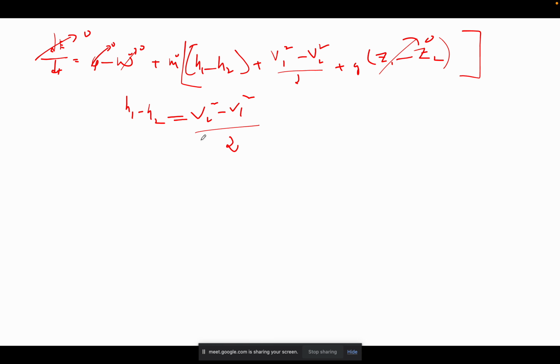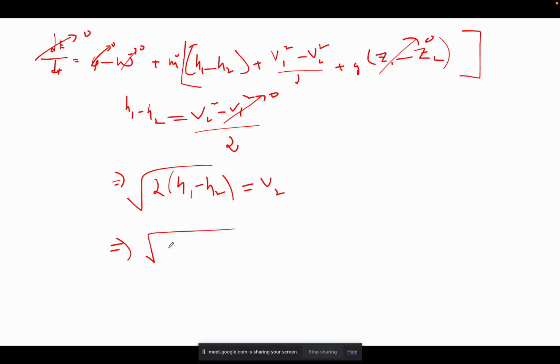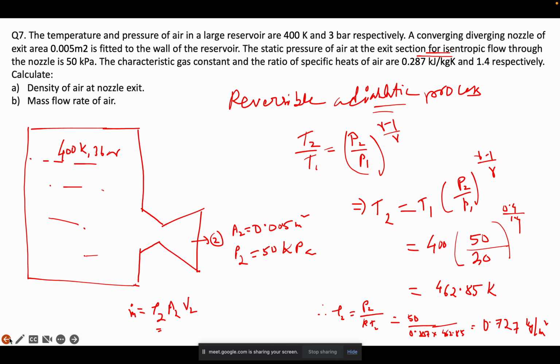Now since the inlet area is much larger, the inlet velocity can be taken as 0 in comparison to this one, so 2 times h1 minus h2, under the root, is equal to your V2. Since this is an ideal gas, that will be the root of 2 into Cp into T1 minus T2, which is equal to your V2. Okay, so what is your T1?